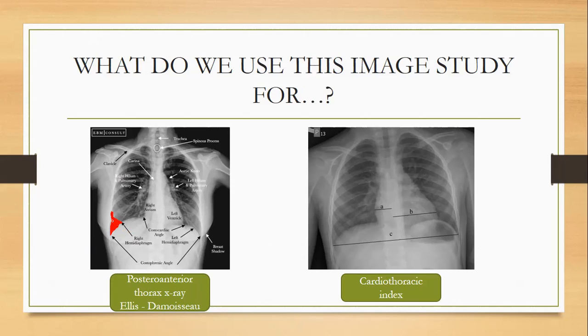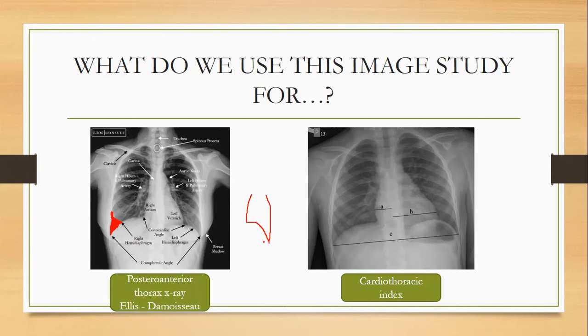Actually, in a PA X-ray, like this one, we have two angles, the right one and the left one. However, if we see a lateral projection of an X-ray, we would have something like this, the chest, and as you know, this is the diaphragm. Here we would also have a costophrenic angle.